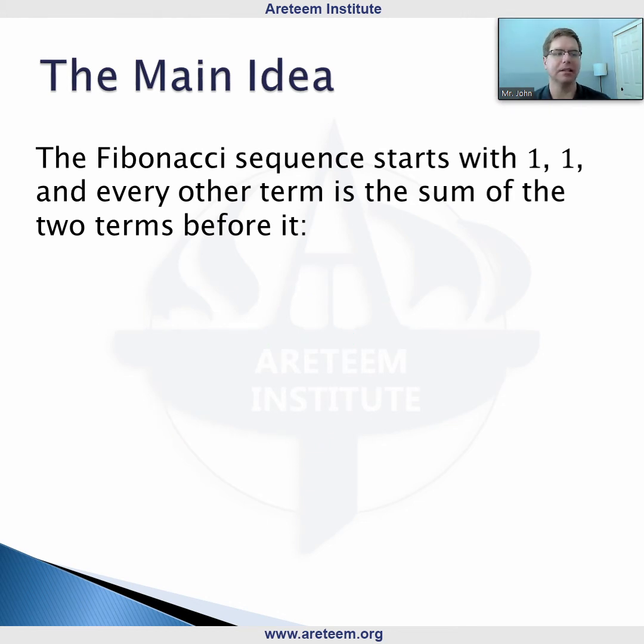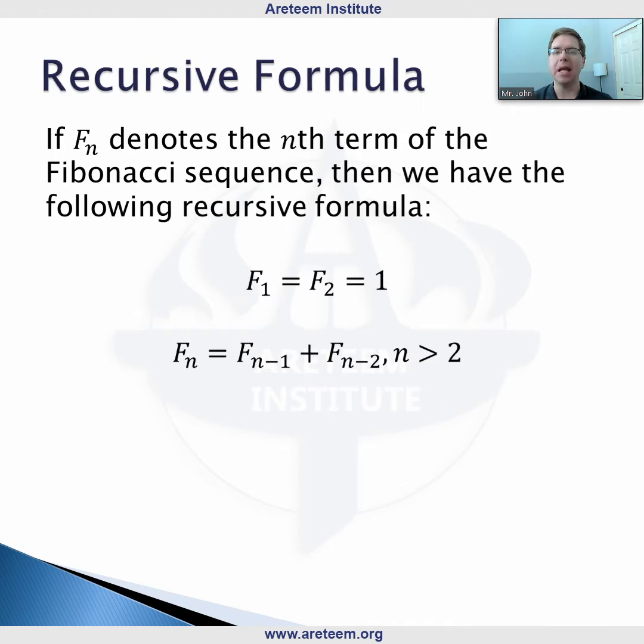Now, one thing that's definitely good to review with the Fibonacci sequence is other ways of describing it. The main way you will see this described is with what's called a recursive formula. The recursive formula for any sequence, or in this case the Fibonacci sequence, has two parts. First of all, you have to tell where we're starting. What are the initial conditions? What is the beginning point? So the first two terms, f1 and f2, are both 1.